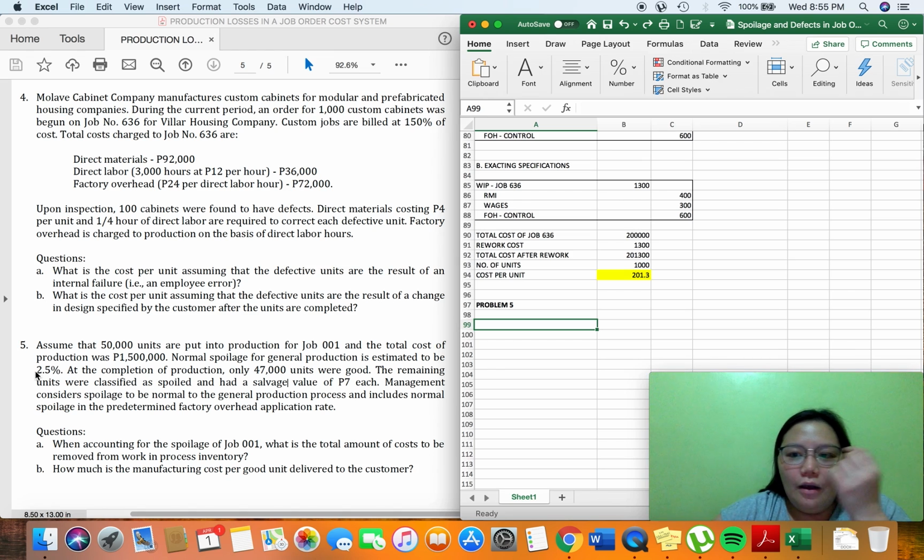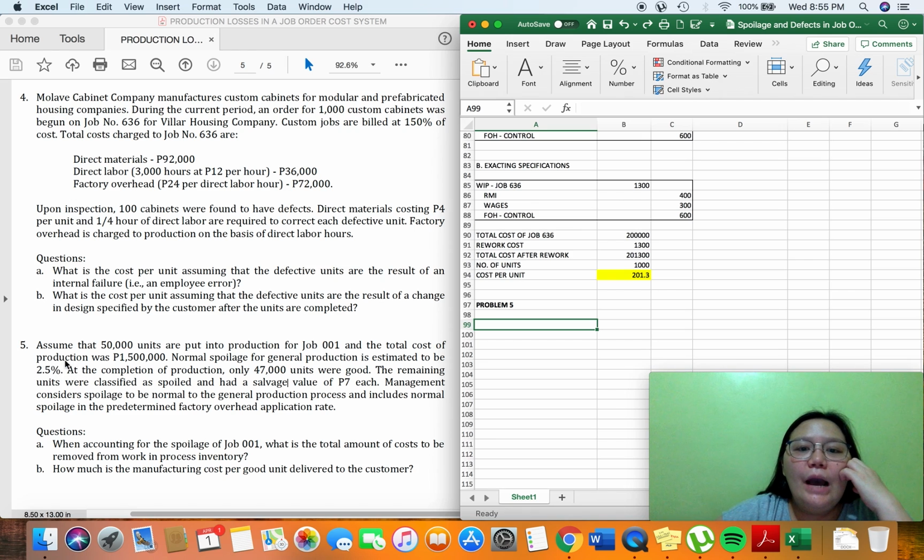But, syempre, hindi rin maiwasan na bukod dun sa normal shrinkage or yung normal loss natin, nagkakaroon pa ng ibang losses, 'di ba? So anything in excess of this threshold is considered as abnormal. So yung abnormal loss natin, I forgot to tell you, yung normal loss, charge siya sa factory overhead control, again, as actual overhead.